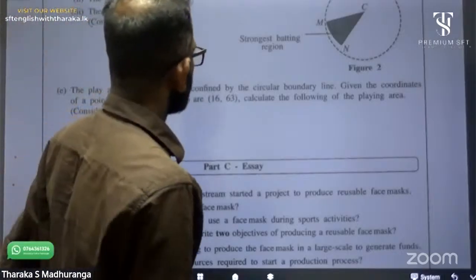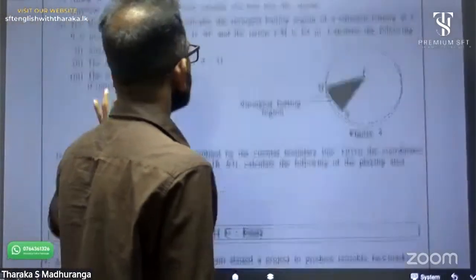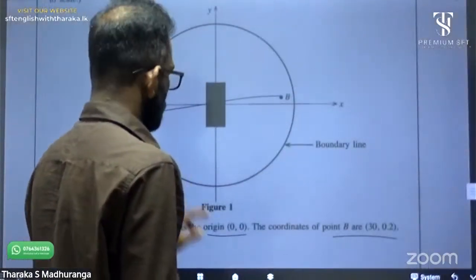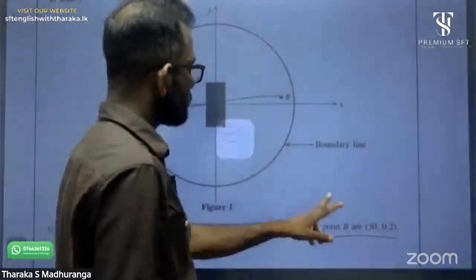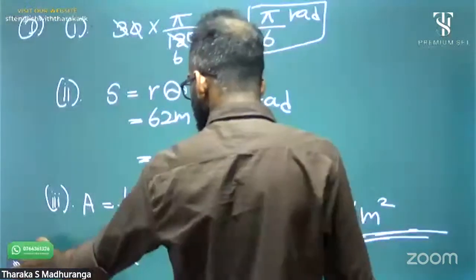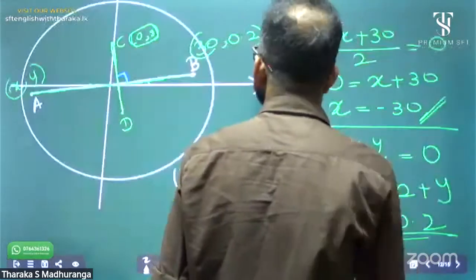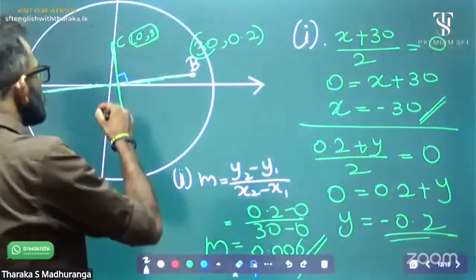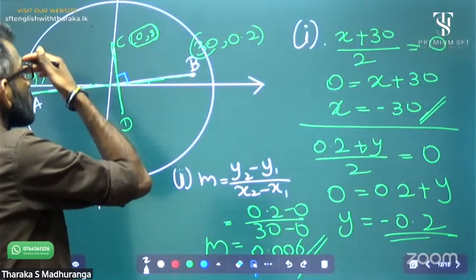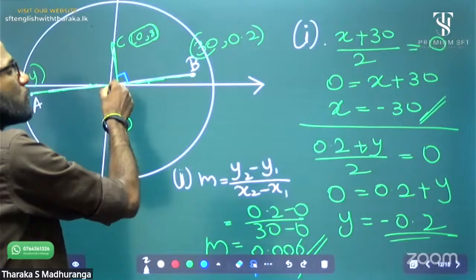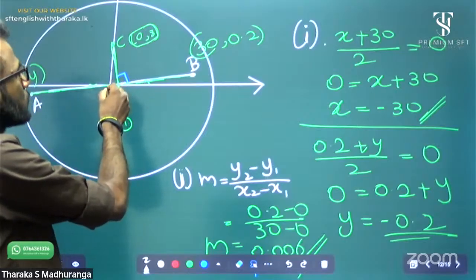Okay, how to calculate the radius? Again, basic Pythagoras theorem. Okay, now our playground. This is the zero mark.